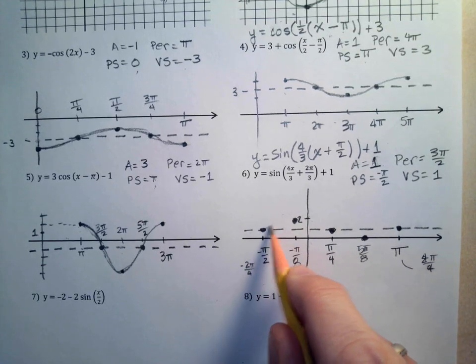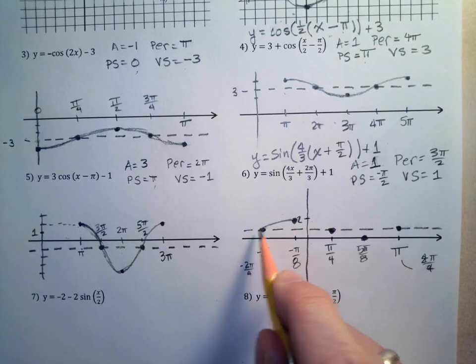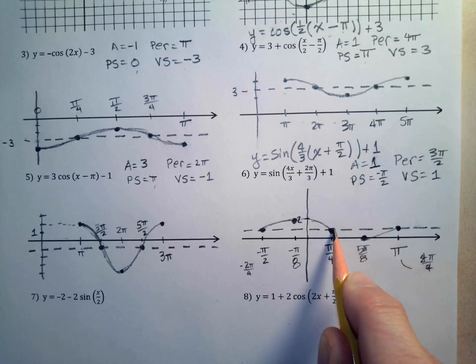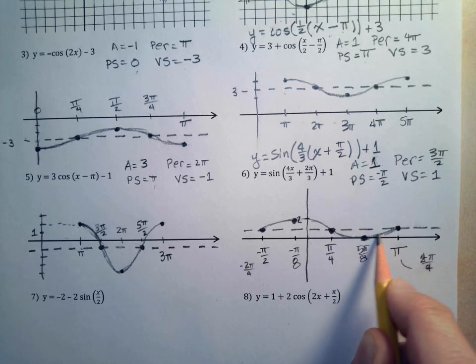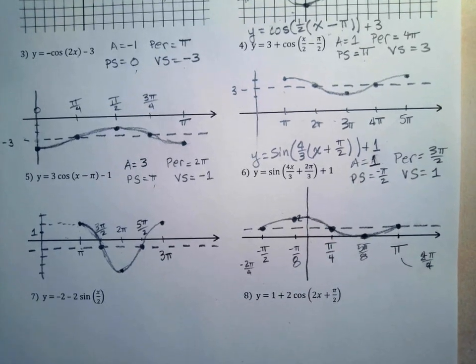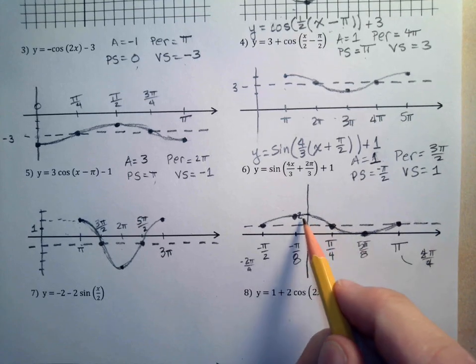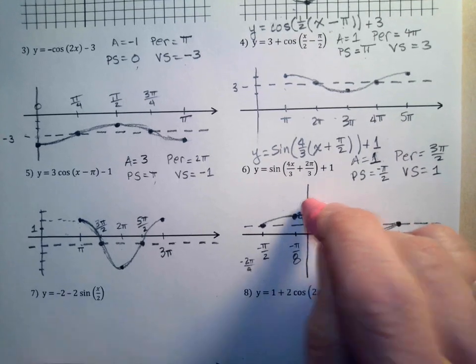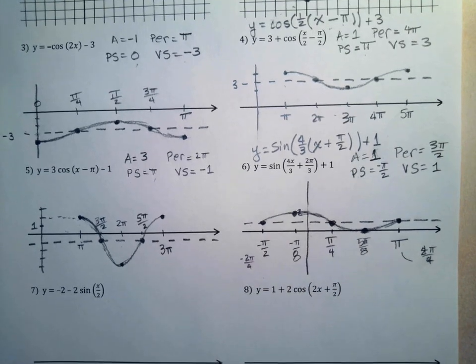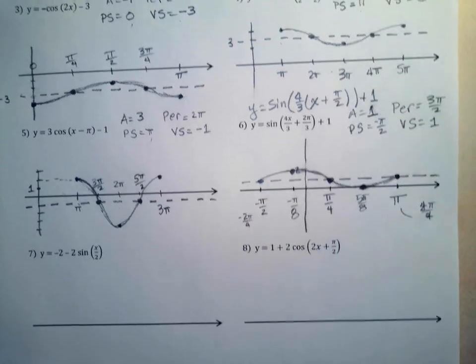All right, and sketch that in. A little wonky here. I think I got a little too flat. Let's try to make that a little bit more curvy. Okay. All right, we've got 2 more to do then.